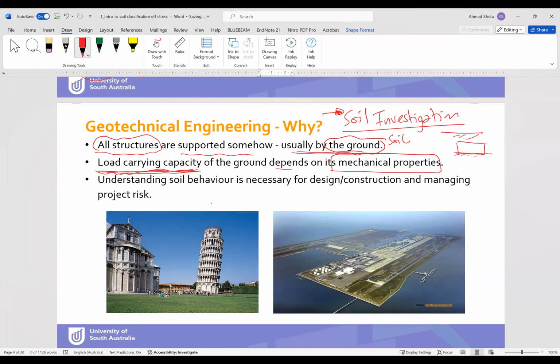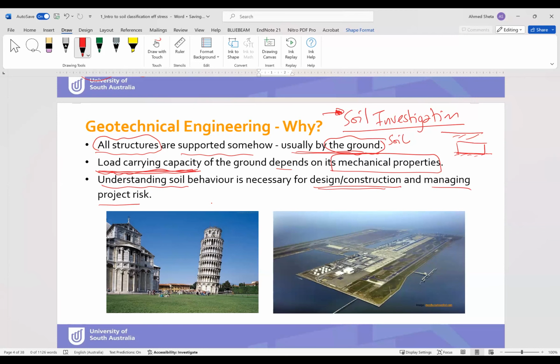Because as you know, some soils are weak or soft, so they cannot sustain loads. We also need to understand soil behavior for design and construction and for managing project risk. Understanding the behavior will help us avoid problems or risks, and will also be necessary for our design.